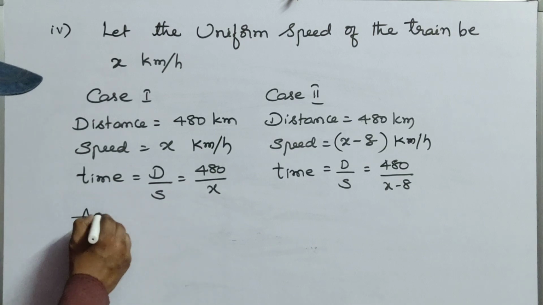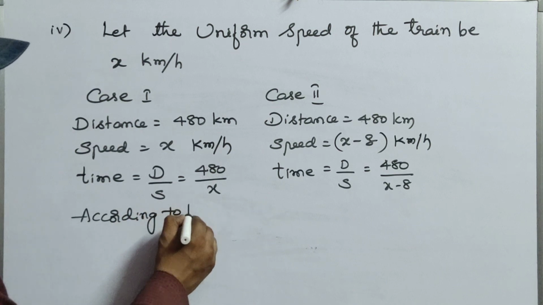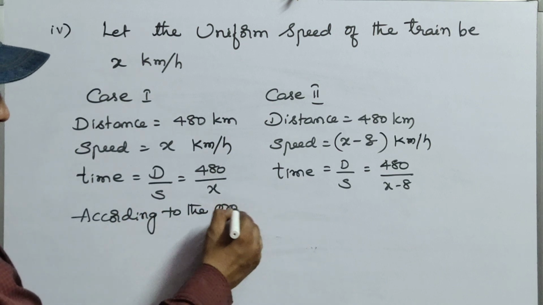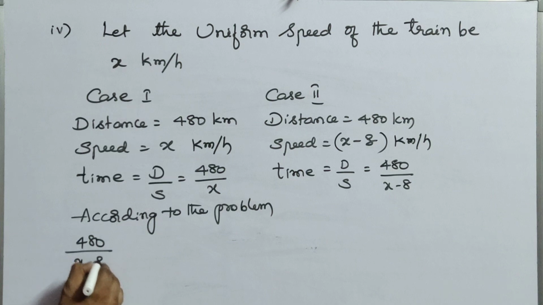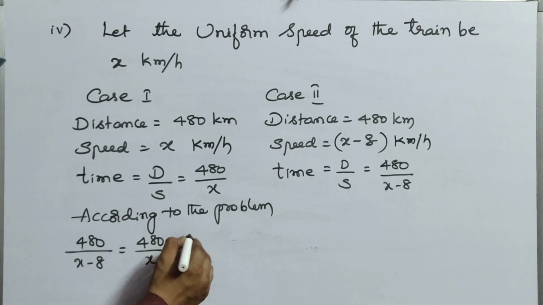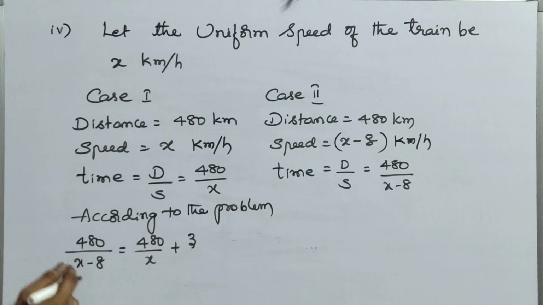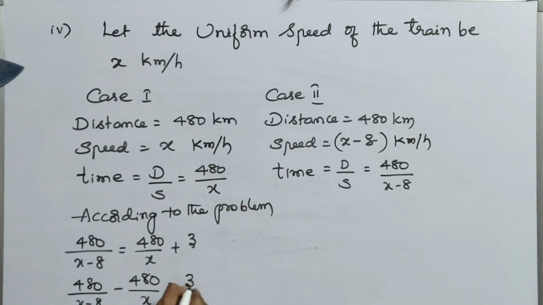So according to the problem, 480 by x minus 8 equals 480 by x plus 3. Now bring this side, 480 by x minus 8. This plus will come to this side as minus 480 by x equals 3.